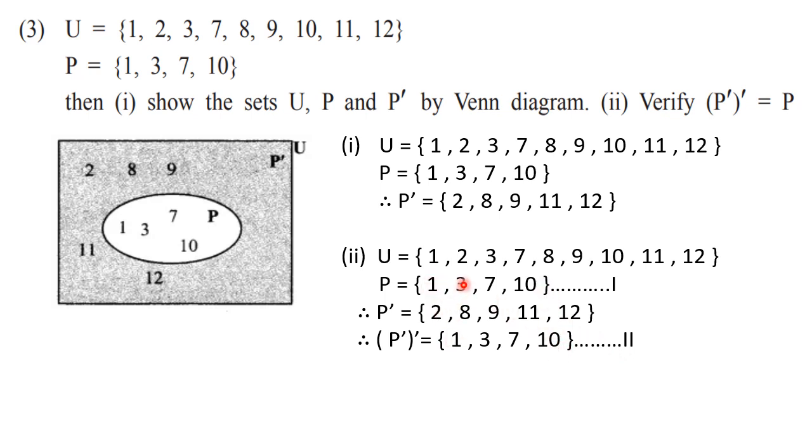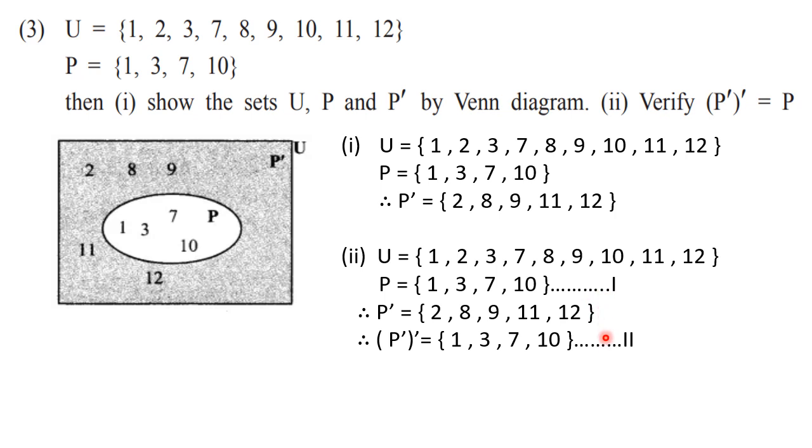Now observe 1 and 2. Check the elements of 1 and 2 here. Statement number 1 and statement number 2. What you can find here is the elements are exactly same. And when we have studied equal sets, that time what we said is when the elements of two sets are exactly same, then we say that those two sets are equal.